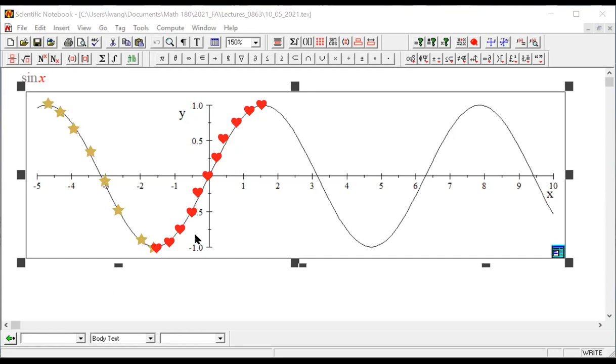And the process keeps going. I can have another piece, this piece. So I have so many different ways to get the pieces of this sine function as we know it. And this piece is decreasing, therefore it's one-to-one, therefore it has an inverse function.